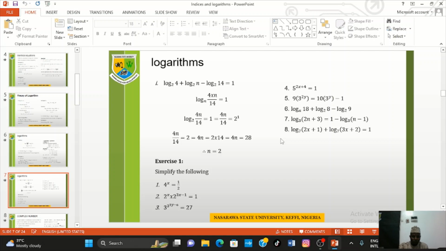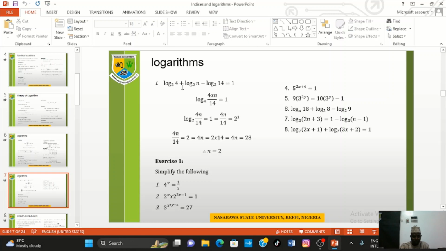So we also have another in this form. Say log 4 to base 2 plus log n to base 2 minus log 14 to base 2. So they possess the same base, and that equals 1.